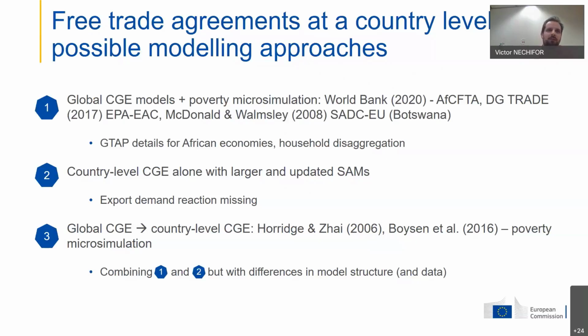The third approach would be a combination of the first two, and we found this in 2 previous studies: one by Horridge and Zai in 2006, and Boysen et al. in 2016, focusing on Uganda. It's basically integrating results from the global CGE model and then transposing them into a country level CGE.